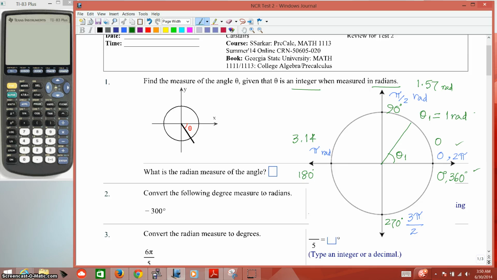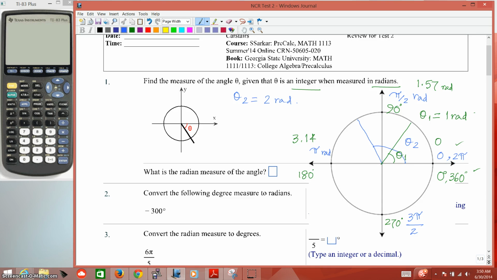Now if I mark another angle, let's say something like theta 2, which is in the second quadrant just past 1.57 radians, so theta 2 will come out to be definitely 2 radians.